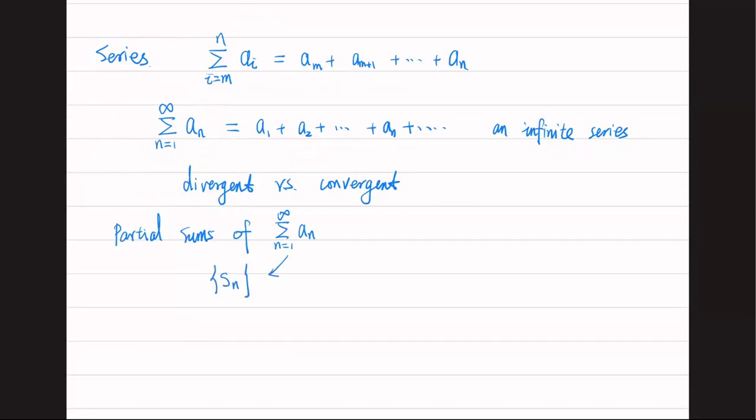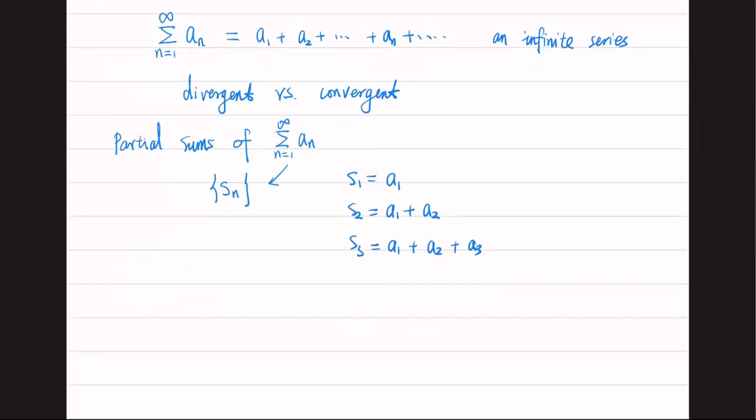So from a series, we construct a sequence of partial sums. S1 is the first term, S2, and we have the recursive formula: Sn is the previous one, S(n-1), plus a new entry.